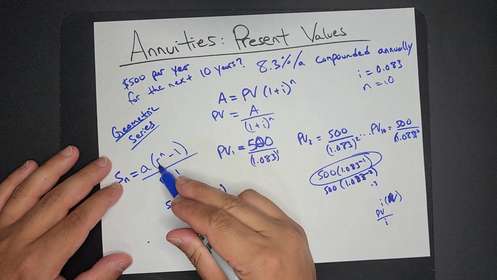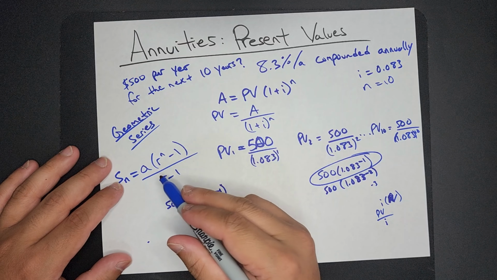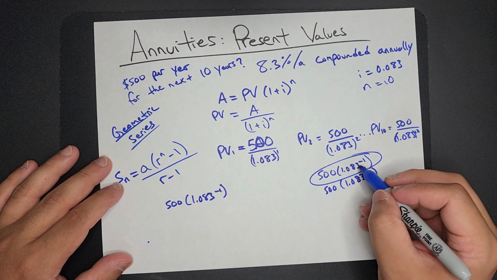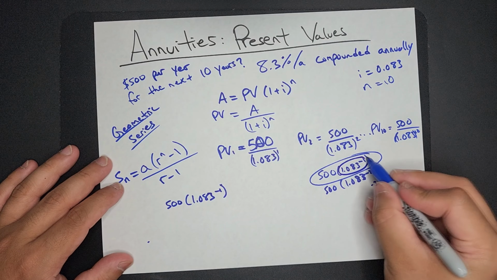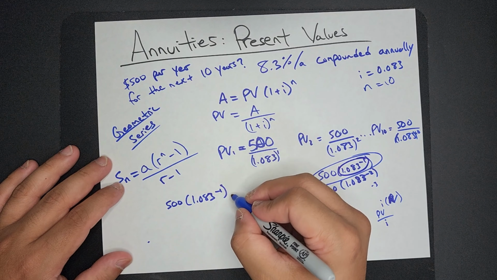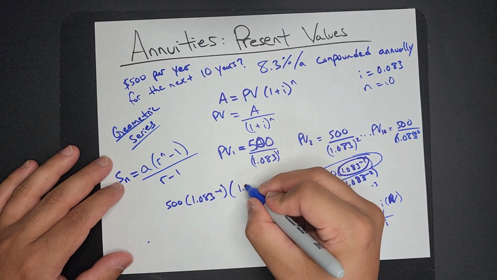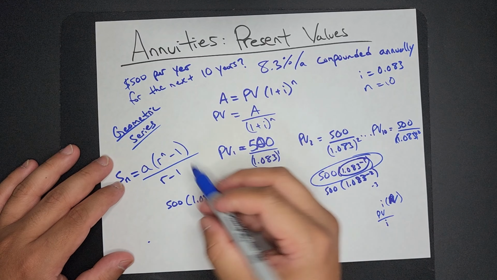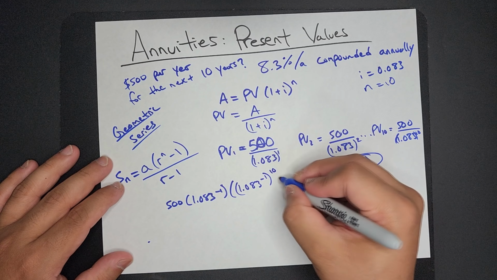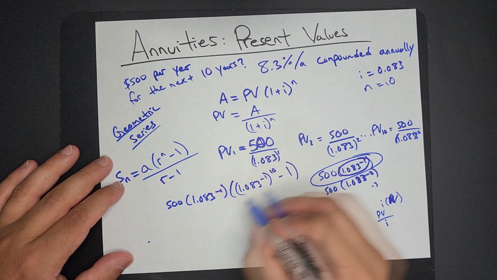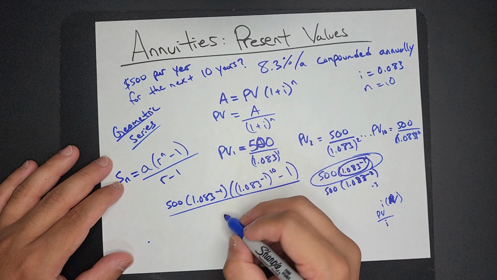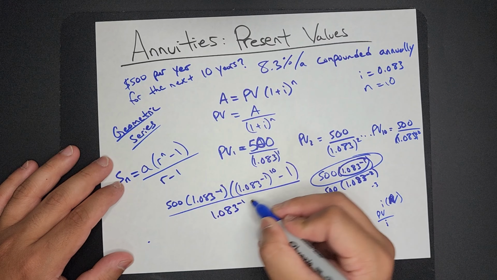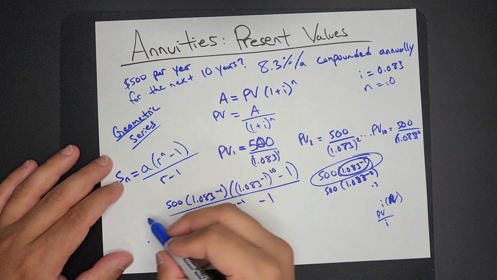And then I have my R, my common ratio, which is this, to the power of n, which is 10 years, minus 1, all divided by 1.083 to the negative 1 minus 1.